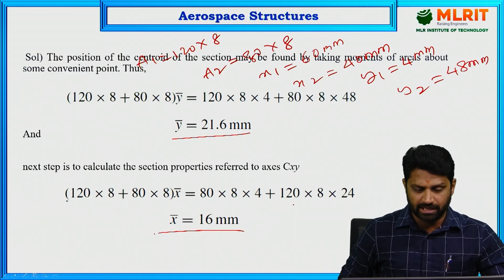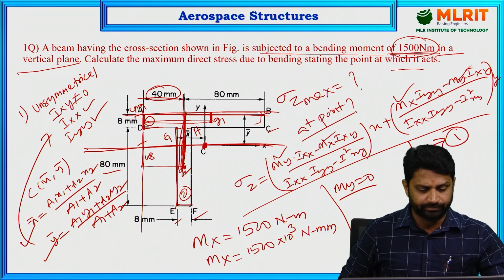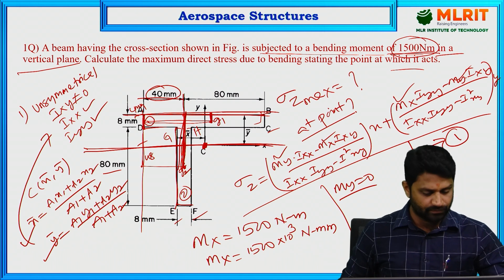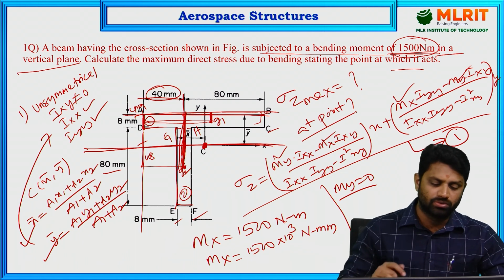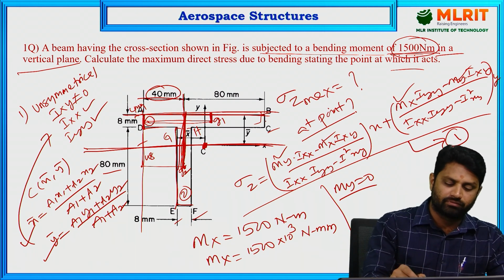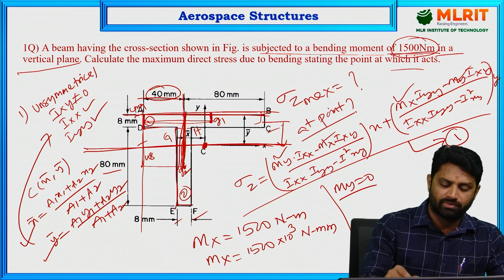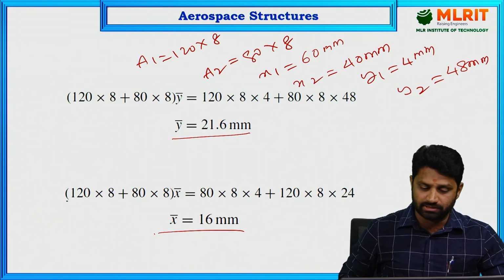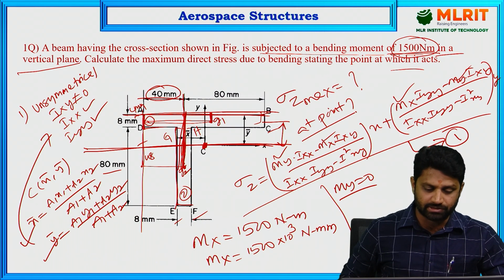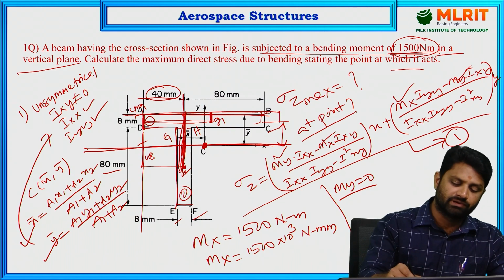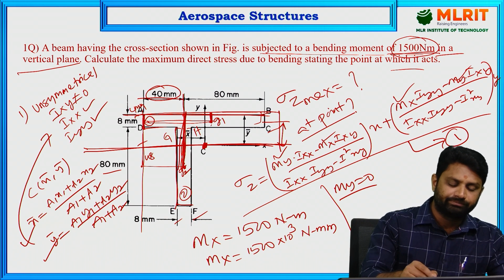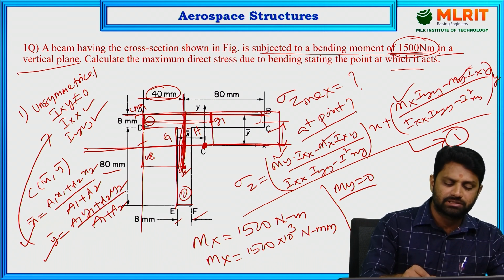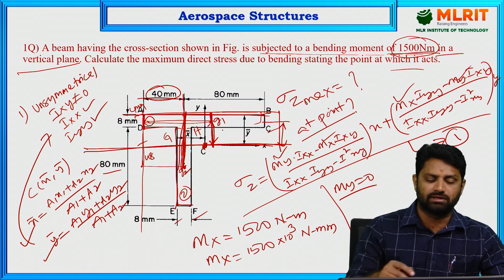So from the diagram, if you try to understand, y1 bar from here to here, that will be y1 bar. So the total depth we got here is 21.6, and from here to here it is 21.6. You have to subtract this. So y1 bar is nothing but the distance from the first figure centroid to the total figure centroid, the vertical distance.